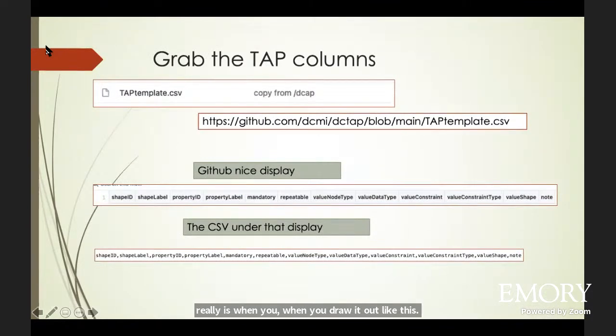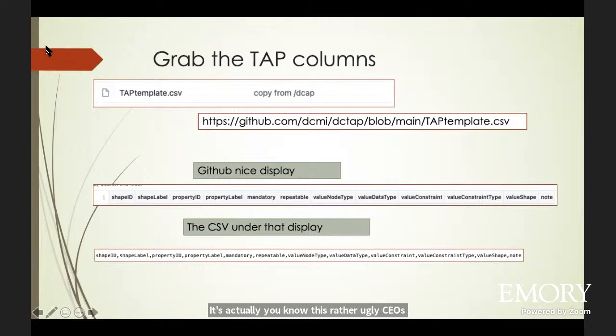If you wish to create your own tables, we have on our GitHub, which is the DCMI DCTAP GitHub repo, a template you can grab. If you look at the template in GitHub, GitHub does a really nice display, so it looks like a table, but underneath that, it's actually this rather ugly CSV.